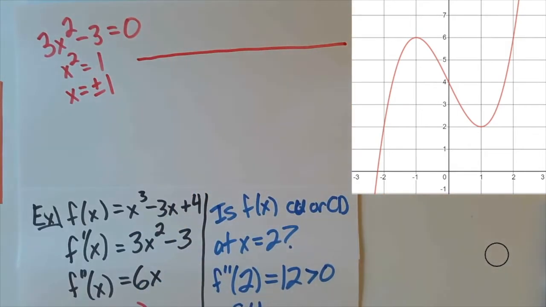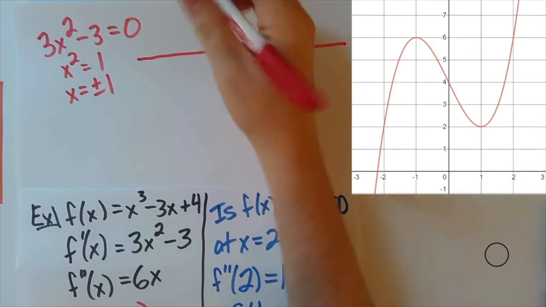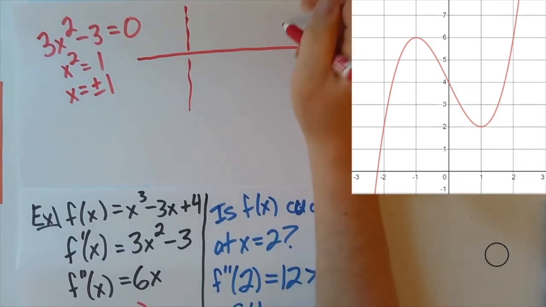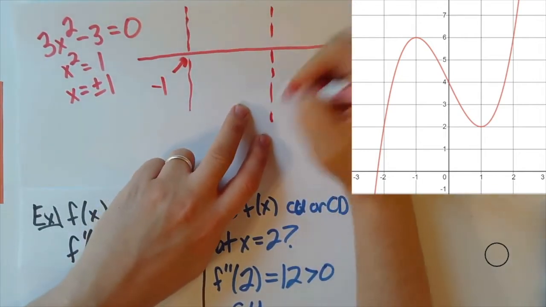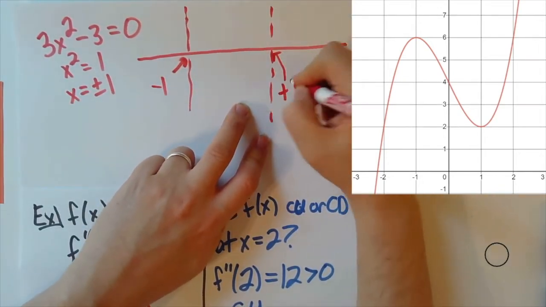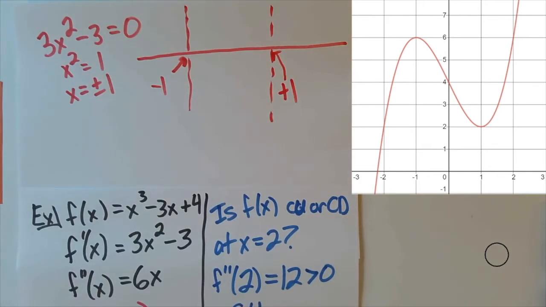Then we draw out our little number line. And so we make our point here at -1, and our point here at +1. And then we can figure out what's happening. We can look at the graph and see that these are the two critical points, that one and that one. Those are the two places where the graph is horizontal. And I can see that it's increasing over here, then it's decreasing here, and it's increasing back over here.